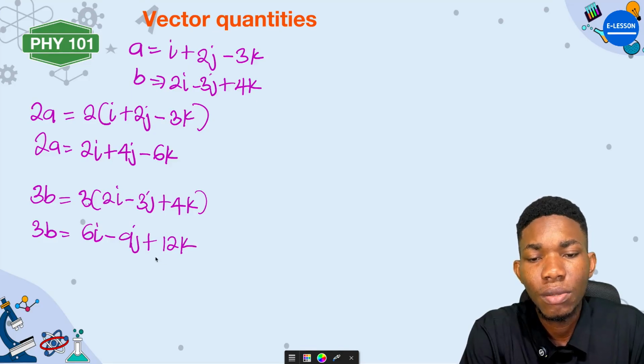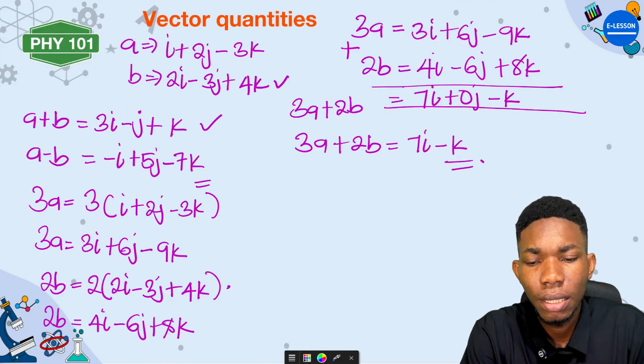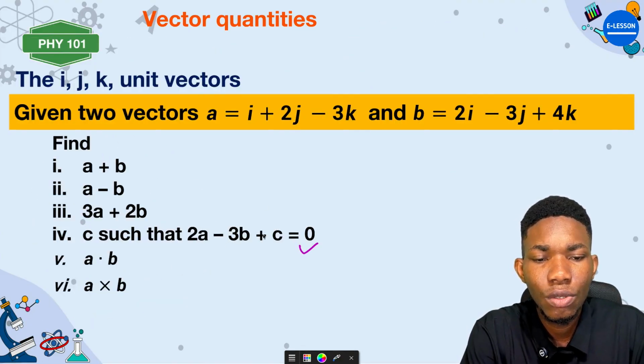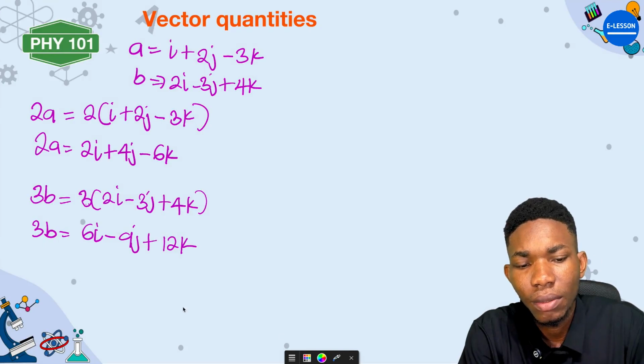Is that understood? So this is our 3b. Now the question says 2a minus 3b plus c is equals to 0. You say find c. Now take note.